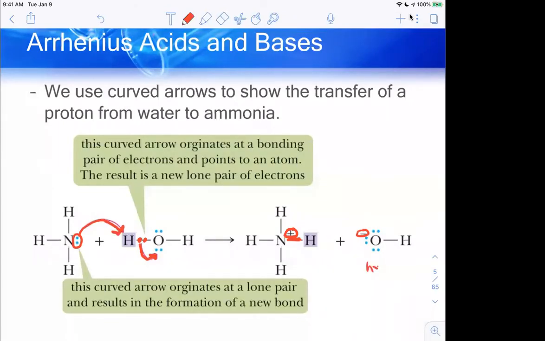I get this hydroxide ion formed when the ammonia reacts with the water. So this curved arrow is showing me the repositioning of the electrons. It's showing me the new bond that forms and the bond that breaks, which is what we really want to focus on from now on.